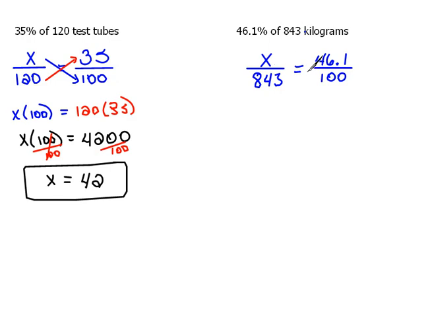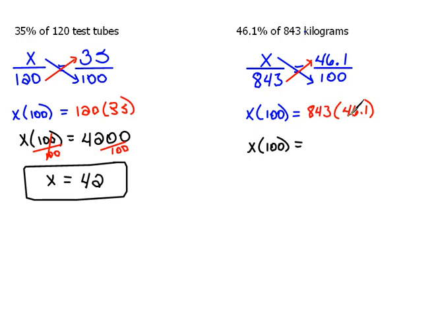So let's go ahead and solve this using that cross product idea. So we'll have x times 100 equals the cross product of 843 times 46.1. And then we are going to do what we can. We can't do anything with x times 100, so we'll leave it.